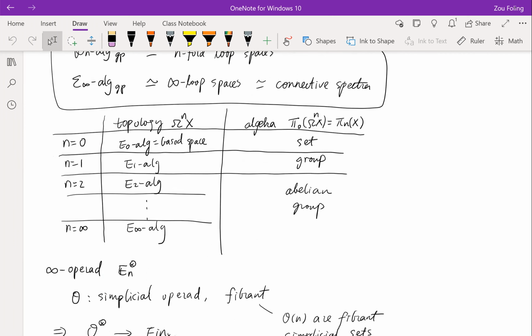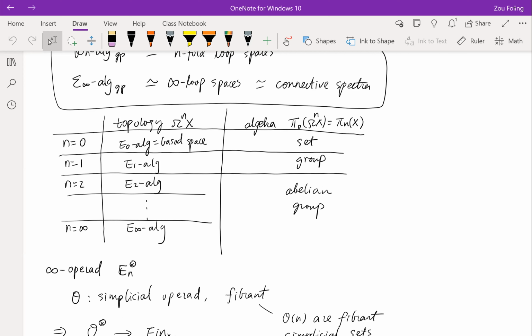Right, so that's the role the little n-disk operad has served in the history of algebraic topology. And we can understand these n-fold loop spaces in comparison to algebra. If we take π_0 of n-fold loop spaces, we will get π_n of the space. So if n is 0, zero-fold loop spaces are E_0 algebras, and they are just base spaces, and π_0 of it is just a set. And when you increase n, you have more and more structure on both sides.